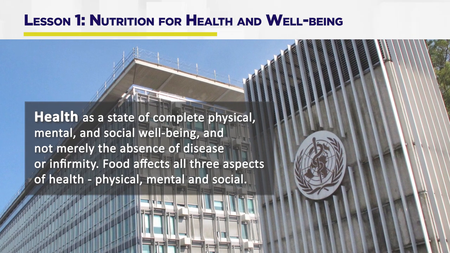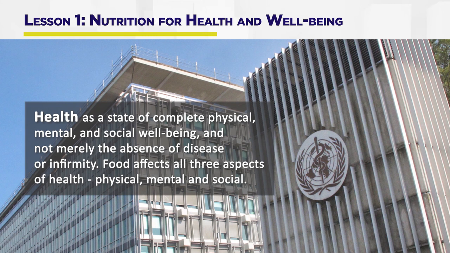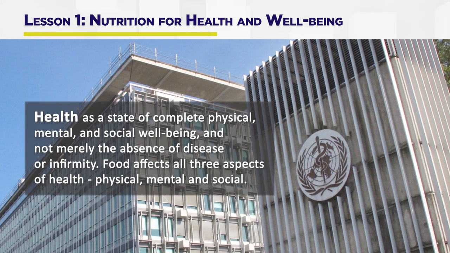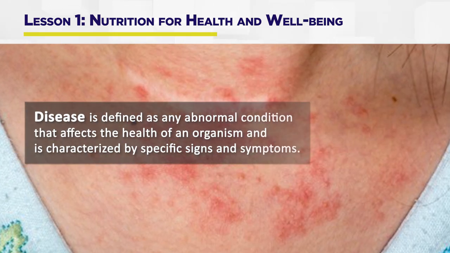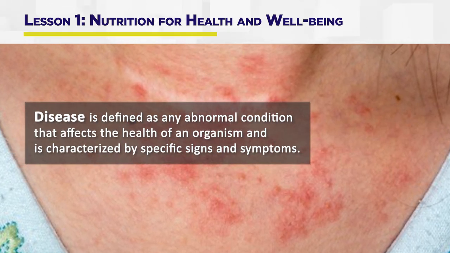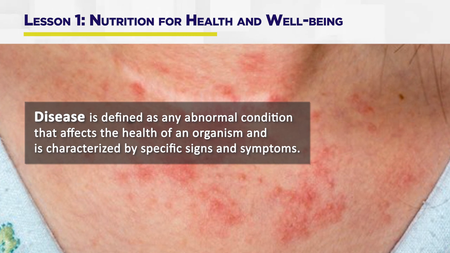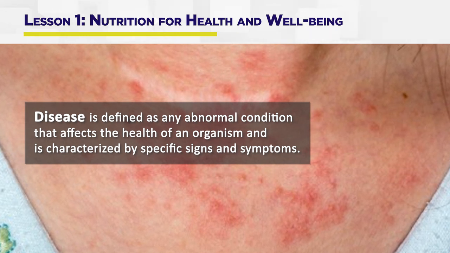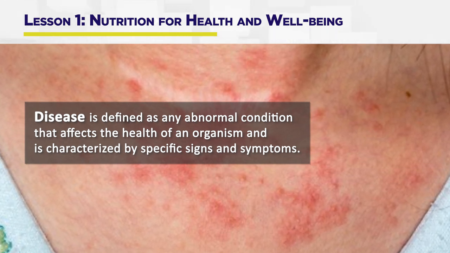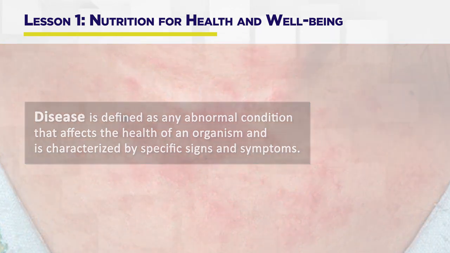Food affects the three aspects of health: physical, mental, and social. Disease, on the other hand, is defined as any abnormal condition that affects the health of an organism and is characterized by specific signs and symptoms.